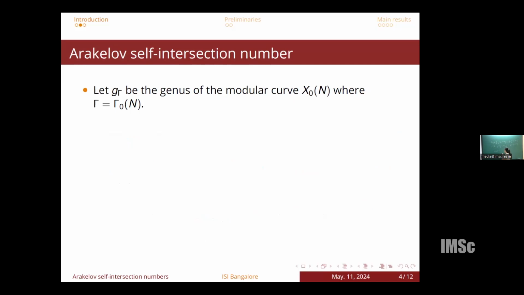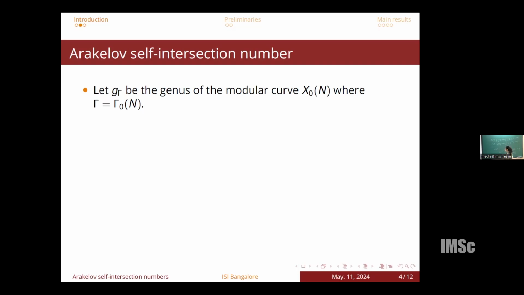For any congruence group Γ, the genus equals 1 + dn/12 − ε2(n)/4 − ε3(n)/3 − ε∞(n)/2. Here d is the degree of the map X1 to X_Γ, ε2 is the number of elliptic fixed points of order 2, ε3 is the number of elliptic fixed points of order 3, and ε∞ is the number of cusps.